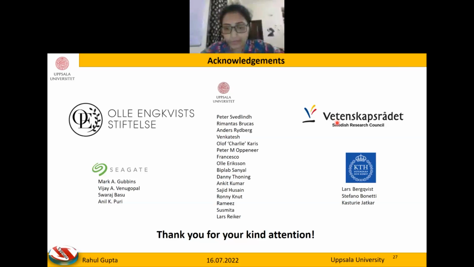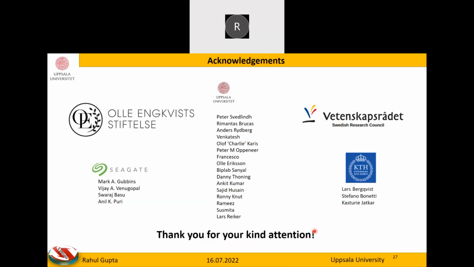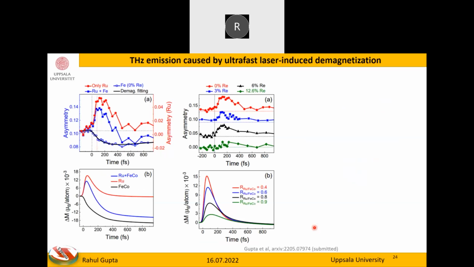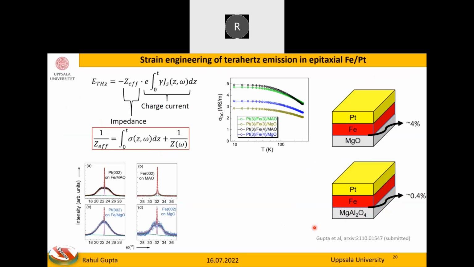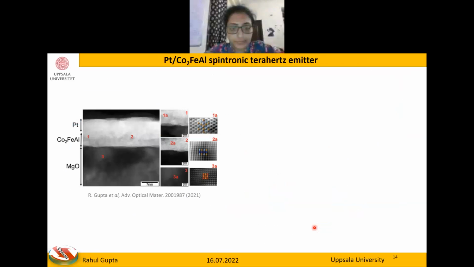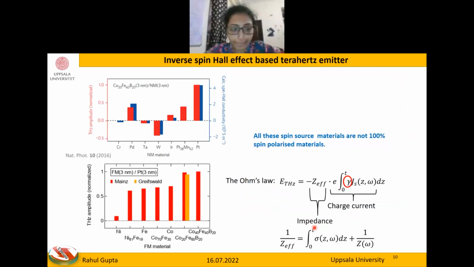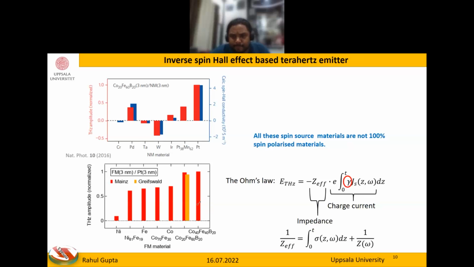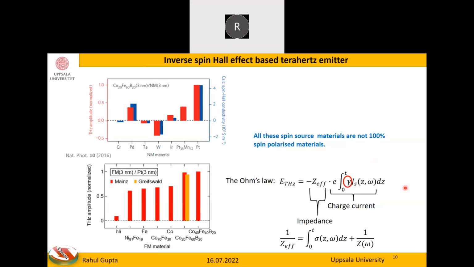Yeah, very interesting talk. On slide number 10, you have shown the terahertz emission equation that follows Ohm's law. On the left hand side, you have shown different spin source material, different FM material, like nickel, iron, cobalt, and their terahertz emission.